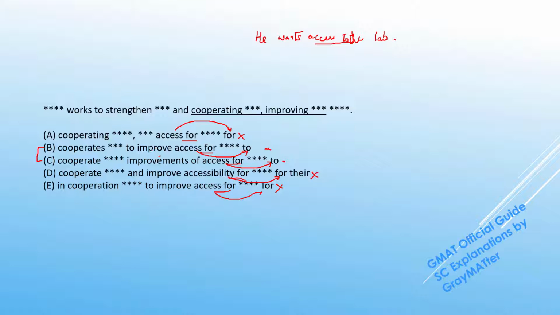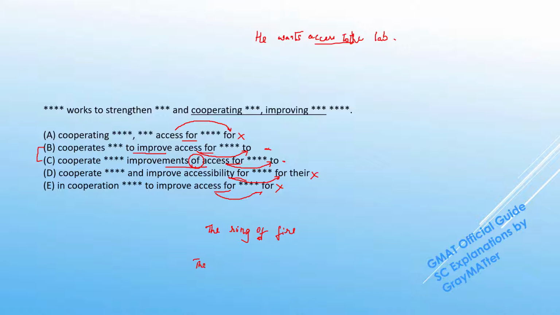Now we can see that another point of attack is here, to improve and improvements of. Now I'll recommend all test takers to be very careful when this preposition of is used, because this might read fine and we might understand the meaning in a certain way. But if I say improvements of access, what does it actually mean? So for example, if I said the ring of fire, what meaning does this indicate? Well, the meaning here is that the ring is made up of fire.